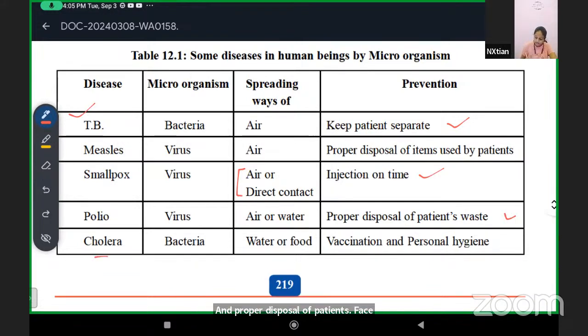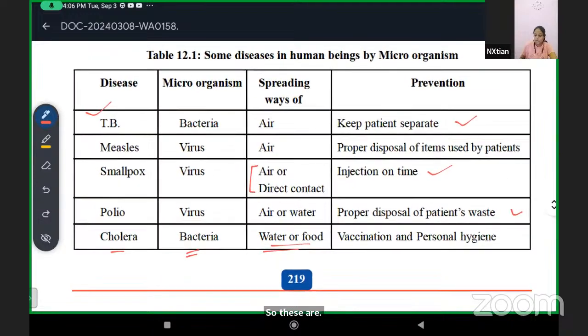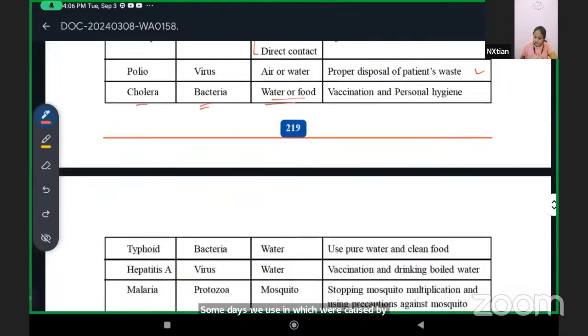Then cholera is caused by bacteria that comes through water or food, mainly water. Vaccination and personal hygiene are essential to prevent it. So these are some diseases caused by microorganisms in us.